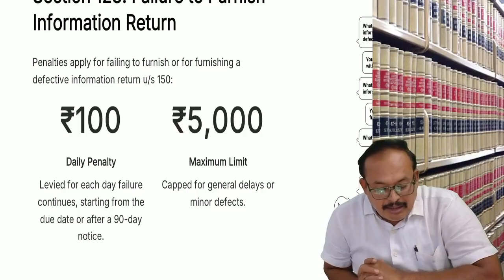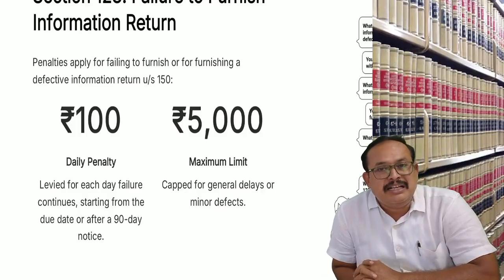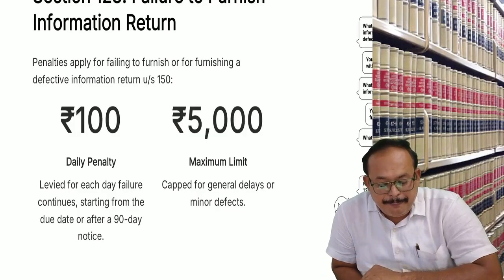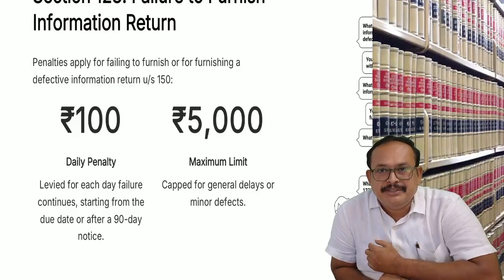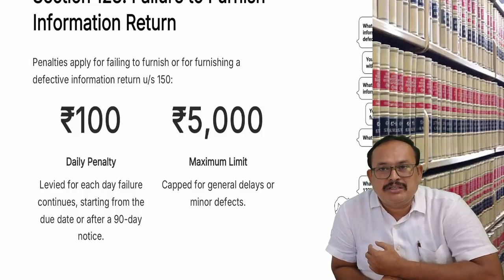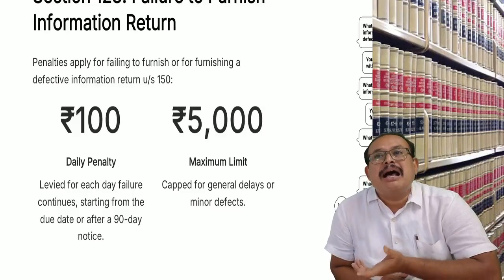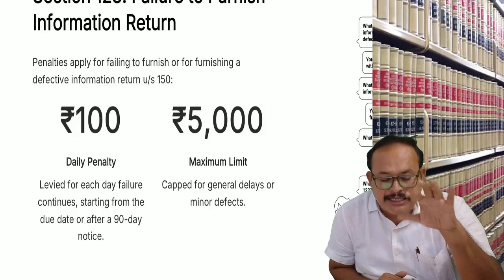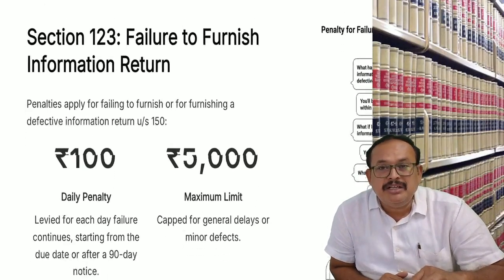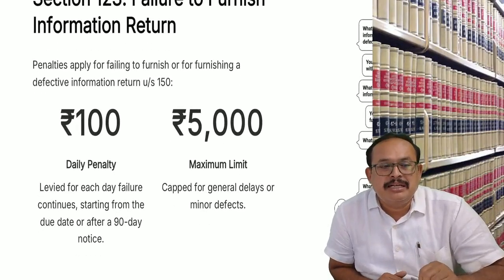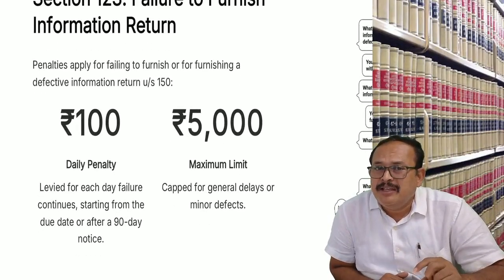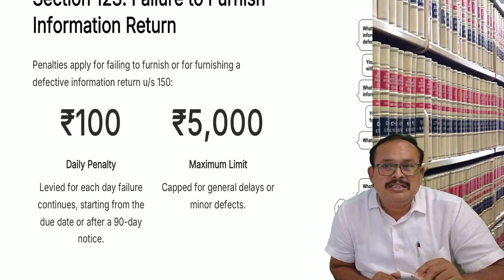Here, rupees 100 per day of delay continues as per the CGST after 90 days, or rupees 5,000, whichever is less. So what is the maximum penalty under 123? 5,000 as per CGST, 5,000 as per SGST. Total is how much? 10,000.